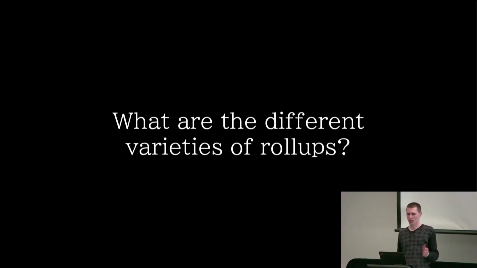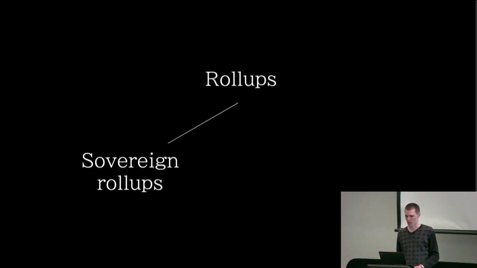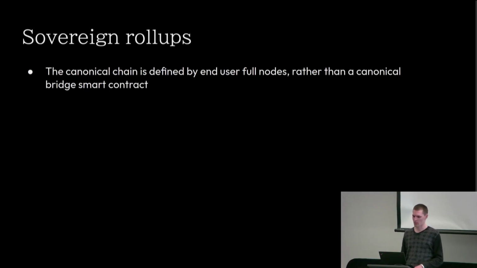So let's talk about the different varieties of rollups. At the high level category, when you're thinking of this ontologically, we have sovereign rollups. Sovereign rollups are a kind of rollup where the canonical chain is defined by end-user full nodes rather than a canonical bridge smart contract, which we'll talk about later.